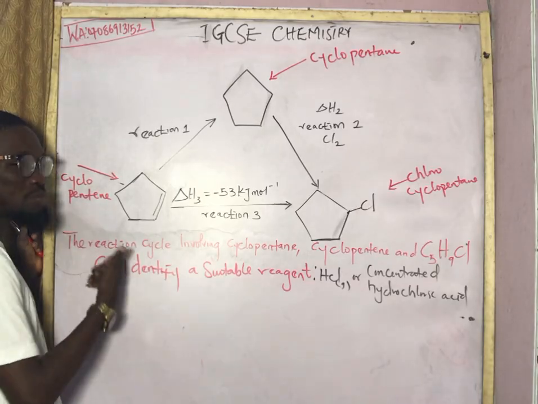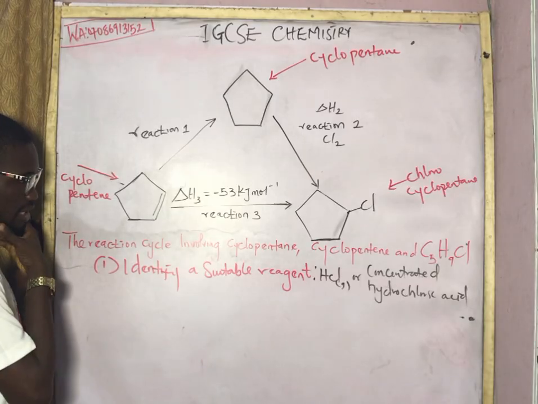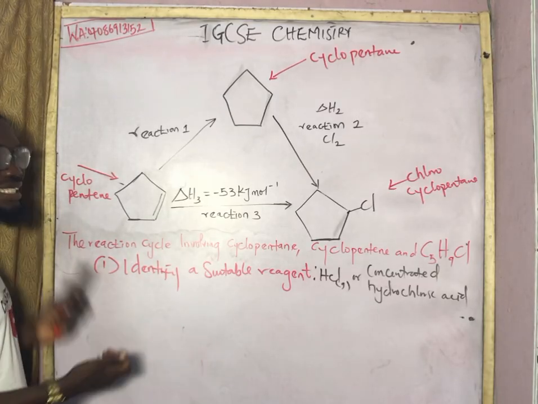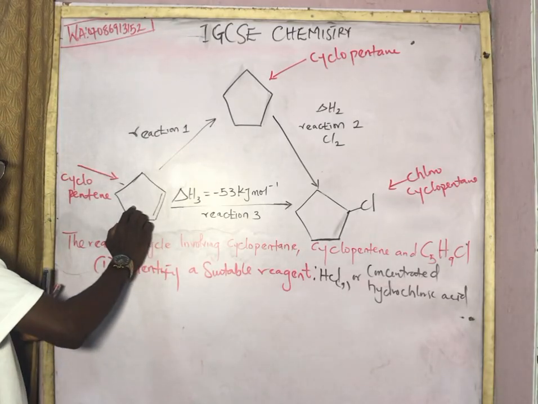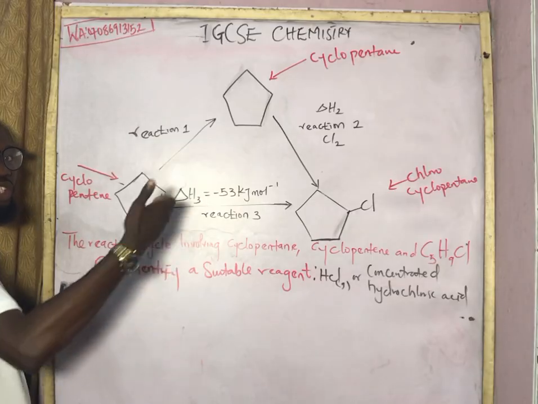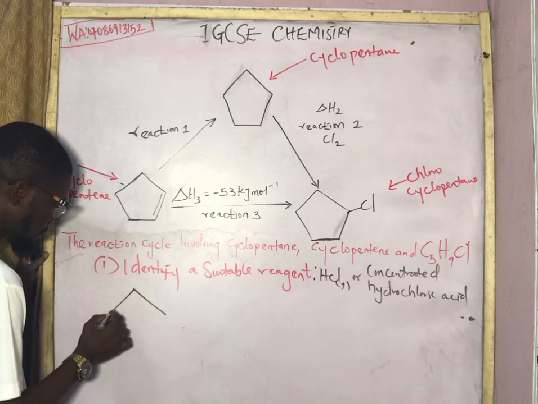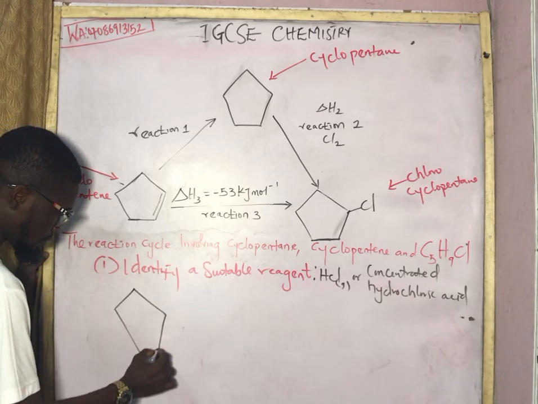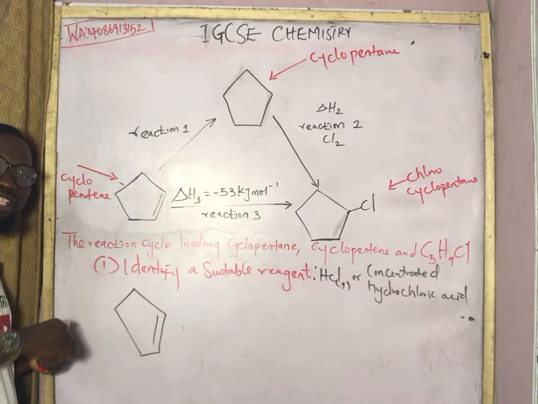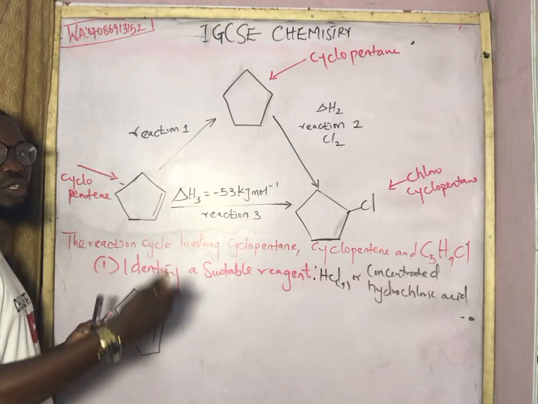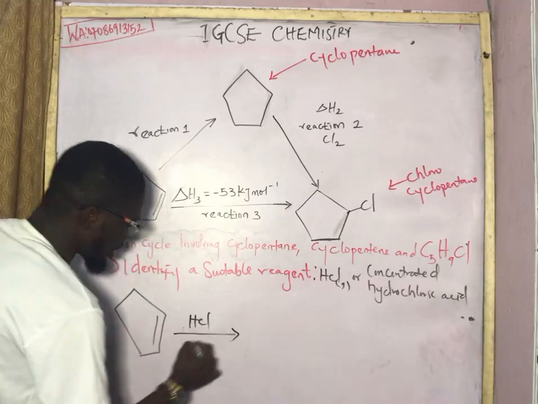Now, how can we move from cyclopentene to chlorocyclopentane? It is as simple as you feel it is, but this is how it moves. The first thing to note is that this is what we call an addition reaction. If I have this with a double bond, and I mentioned earlier that HCl is added across the double bond of an alkene, now I have HCl here.